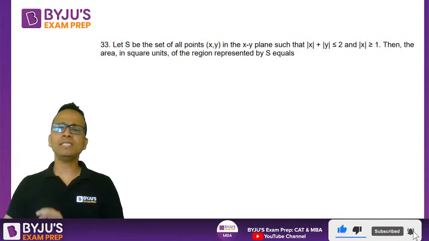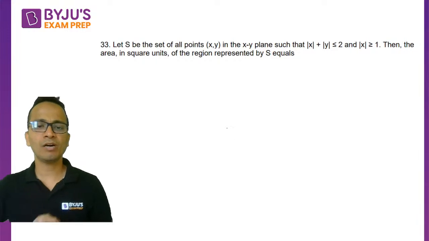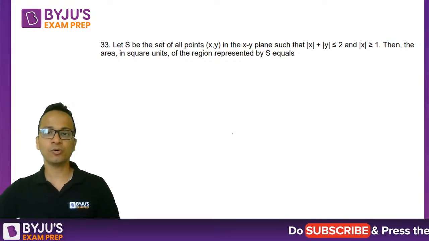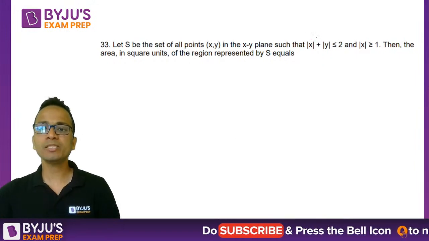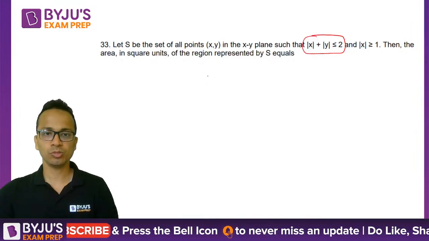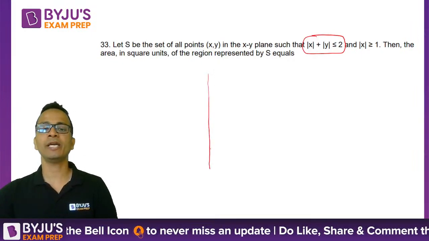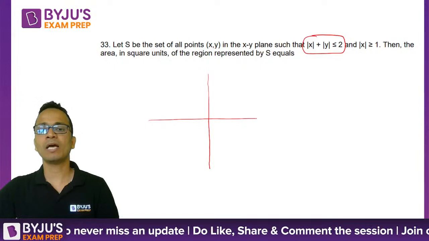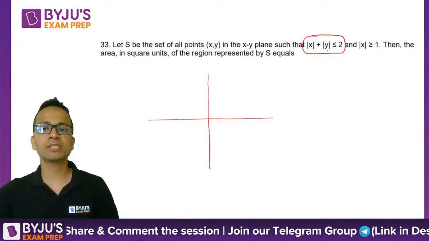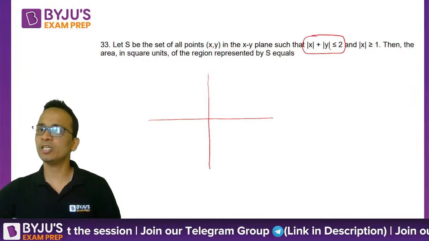33 बहुत easy question है if you'll spend a few hours on functions and graphs. Okay, modulus x plus modulus y is less than equal to 2. So if these are the coordinate axes, x-axis and y-axis, so let us plot the graph for mod x plus mod y less than equal to 2.